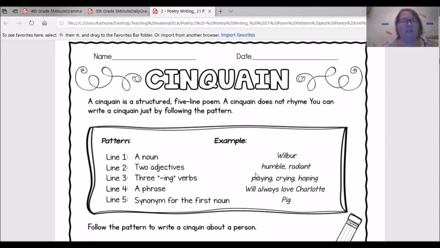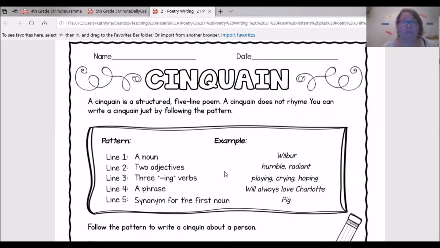So a word that describes whatever you're talking about. In this case, since it is an animal, it's going to have very human-like qualities, especially for this case because it is a pig from a story. We said it's from Charlotte's Web, and this particular pig had very human-like qualities. So the adjectives are going to be very human-like.